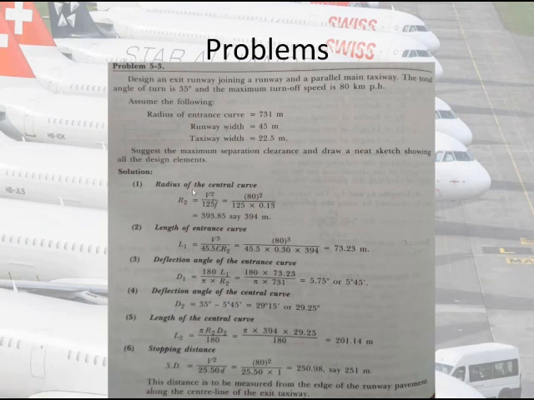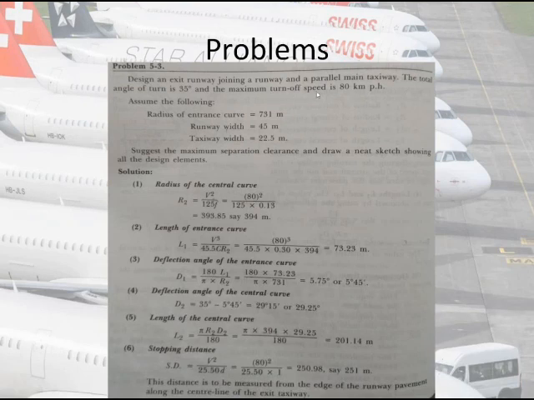The first factor is the radius of the central curve. The radius of the entrance curve is given as 731 meters, so we have to determine R2, the radius of the central curve. R2 is equal to V square divided by 125 f, where V is the velocity.